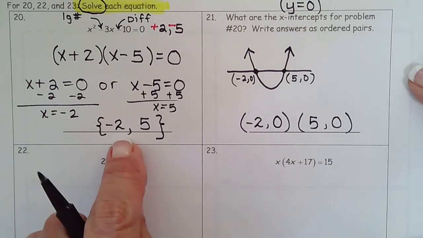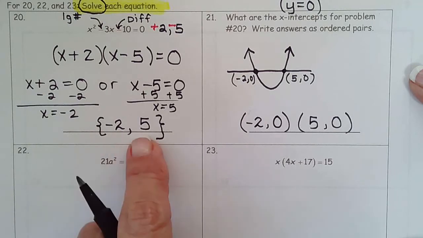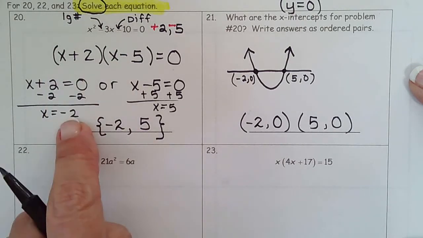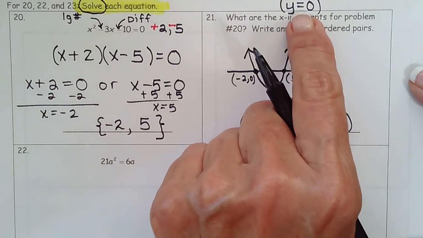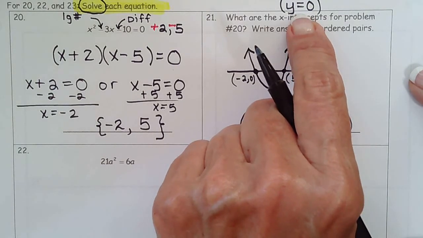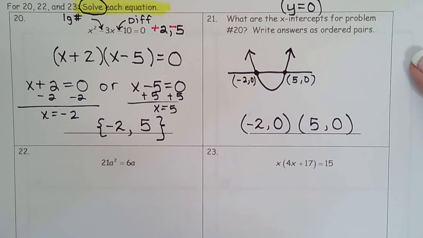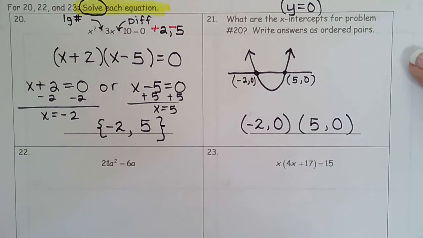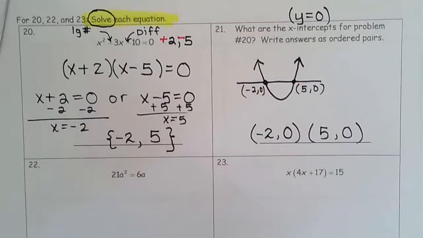So your solutions are actually x-intercepts. These are the x values. X equals, x equals. And we know on x-intercepts from previous work that y is always 0, so we just put a 0 with each one. And they have to be written as ordered pairs. Okay.